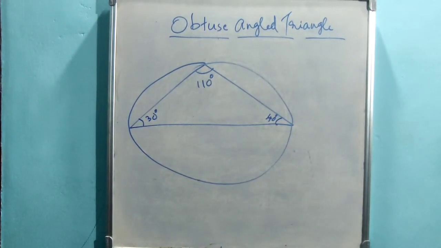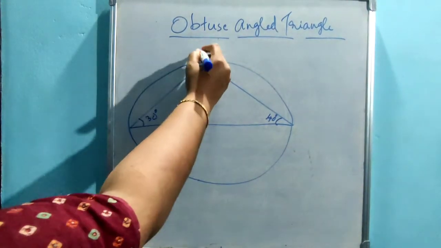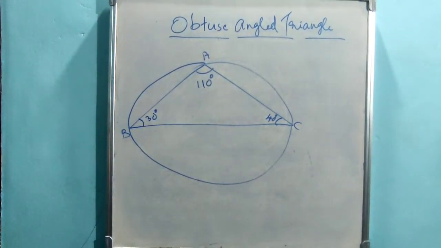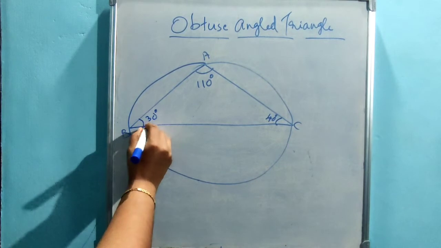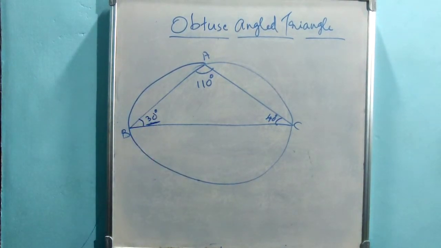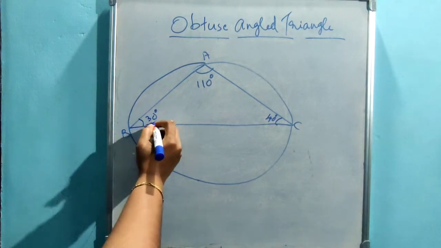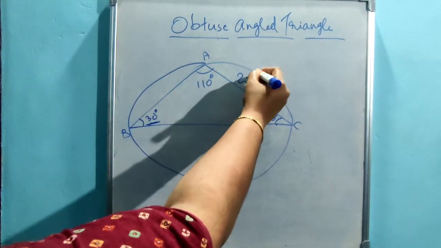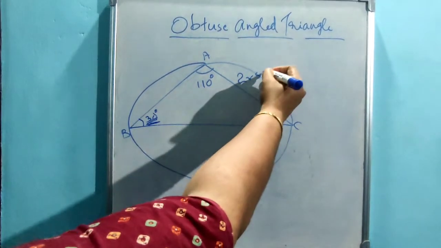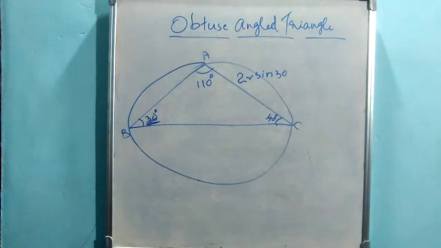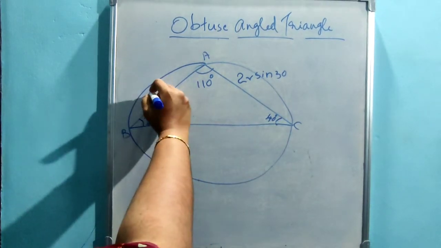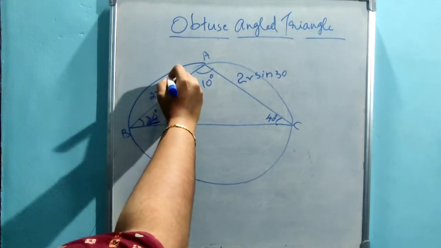First I'm going to name this as ABC. The side opposite to this 30 degree is 2r sine 30, right? And the side opposite to this 40 degree is 2r sine 40.